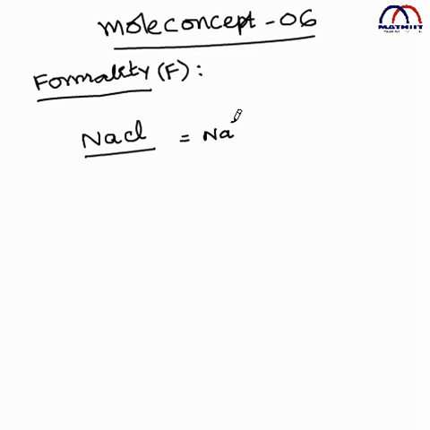It contains Na plus ions and Cl minus ions. So only ions will be present in an ionic compound, no atoms and no molecules. That is why I cannot call it a molecule.